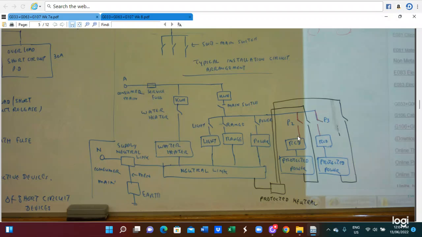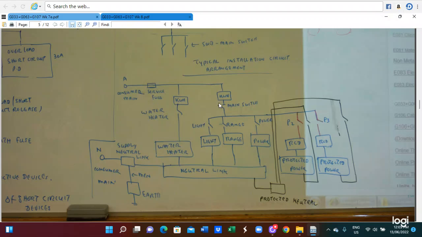Also, we connect the RCD protective devices, and this neutral is an RCD protected neutral. So this is a protected neutral, and here it is connected to a neutral link. Everything goes to the sub-board neutral link, then connected to the earth link. This is the configuration of the electrical power supply system for a typical building. So there will be this circuit.